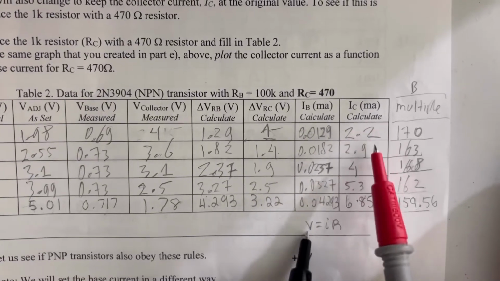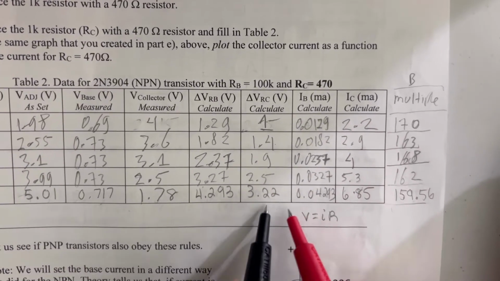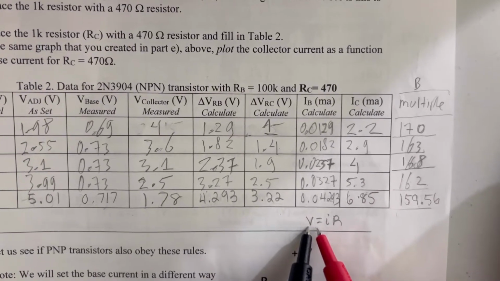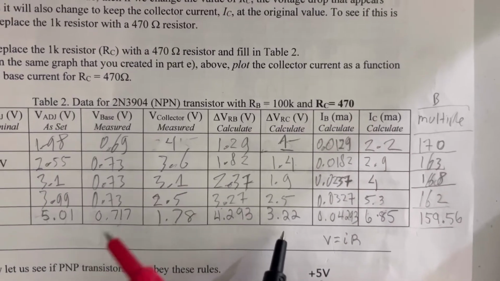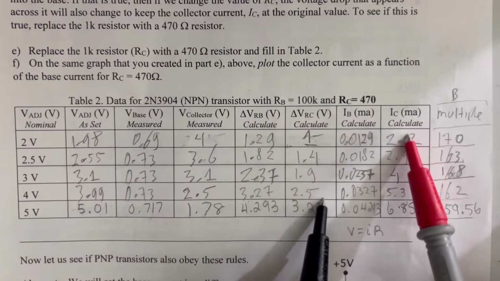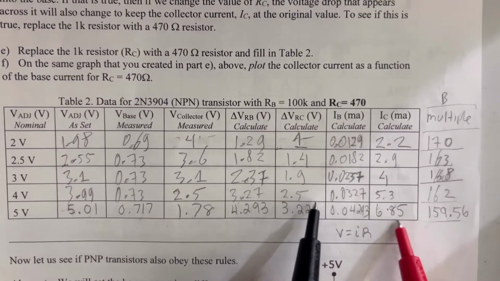And then for IC, we would do 3.22 divided by the resistor value of 470, which is different from our last circuit, which is why we get values increasing.